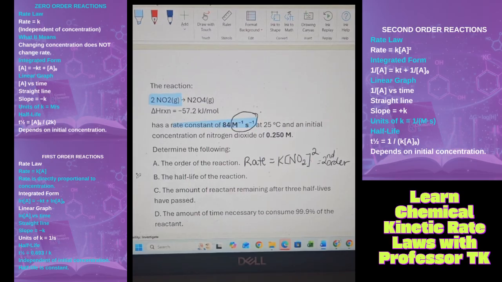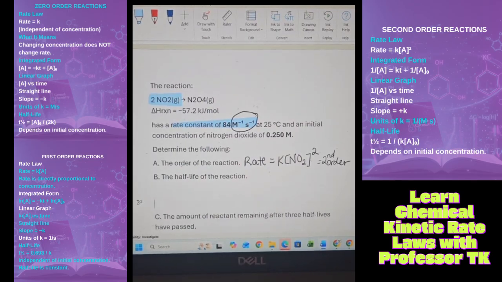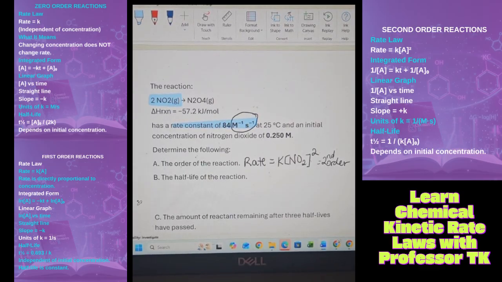All right. Now, in part B, because they want you to find the half-life of the reaction, go back to your formulas and ask, what is the formula for half-life for a second order reaction?